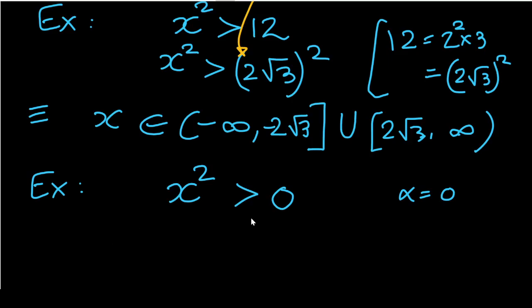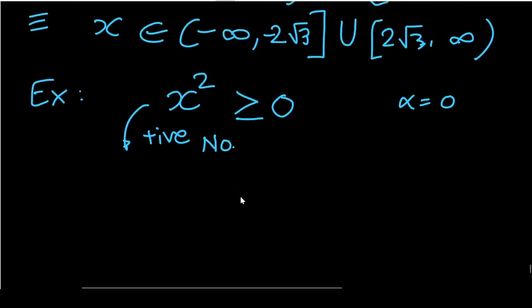If it is greater than or equal to 0, we can use the formula, or if you don't want to use the formula, by correct logic: any real number x, the square of that number, x square, is a positive number. So a positive number is greater than or equal to 0, which is a truth.